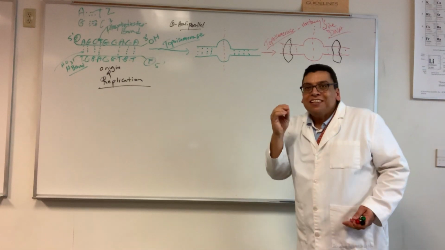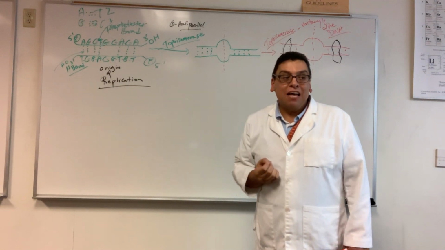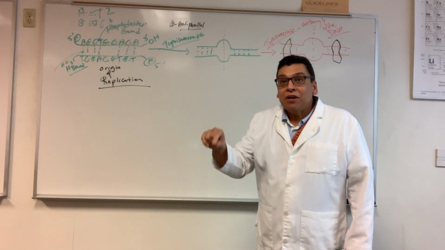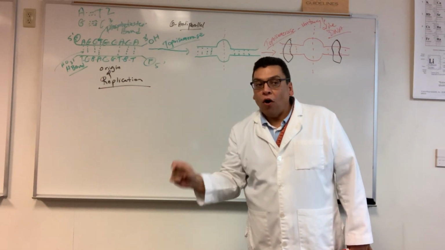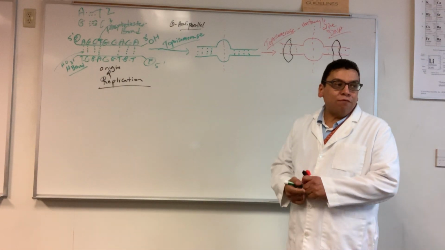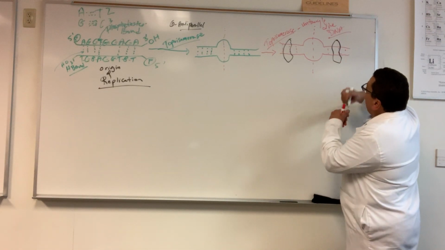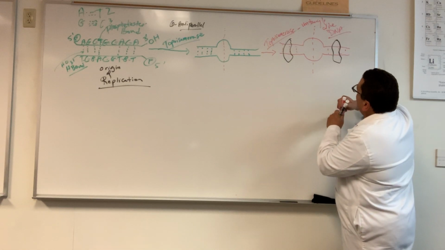Now, to tell you where the enzyme is sitting, you actually have to say this. Topoisomerase will untangle the DNA ahead of the fork, the replication fork. So I'm going to add this, ahead of the replication fork. Let me add it in red since I'm writing in red.